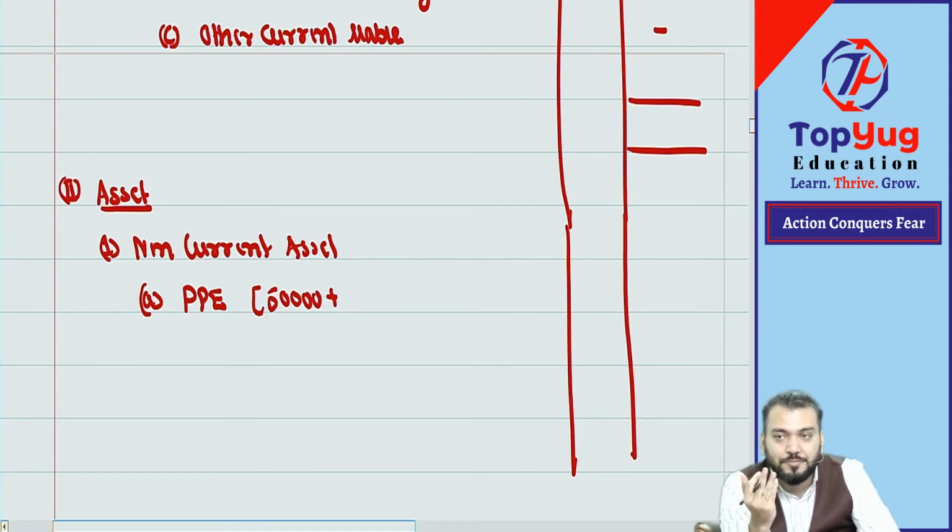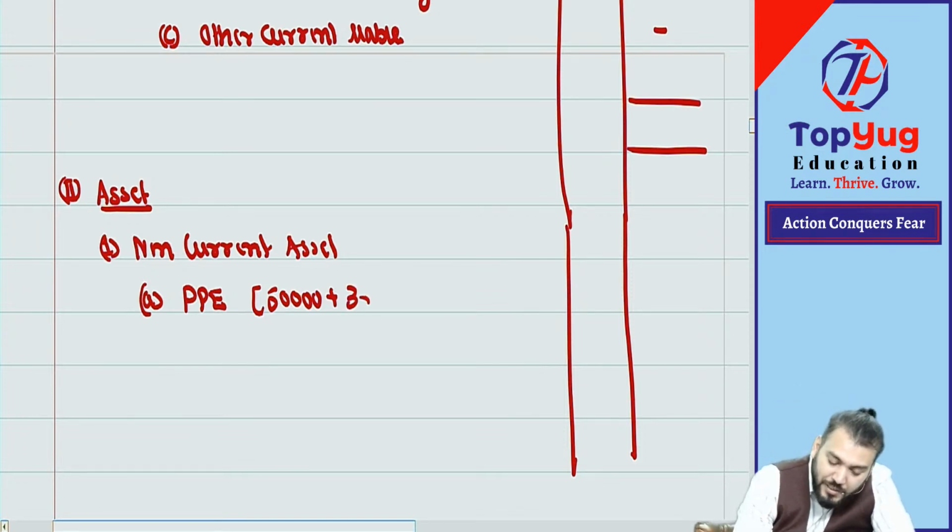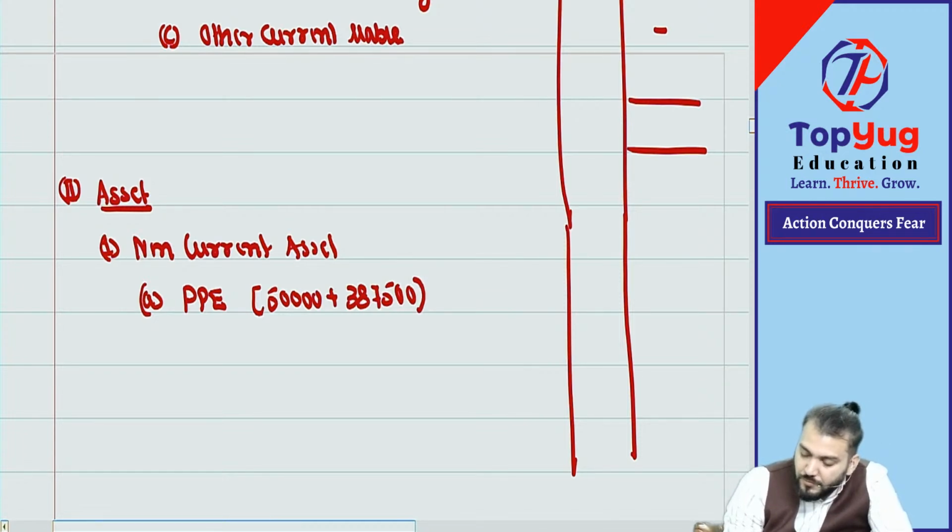One is given to debenture holders, and the other is revalued. So the balance, whatever is left, is revalued at what amount? 3,87,500. We'll add 3,87,500. What is the total property, plant and equipment? How much? 4,37,500. Are you able to understand what I am doing?